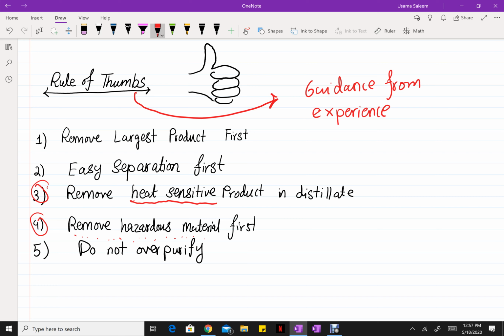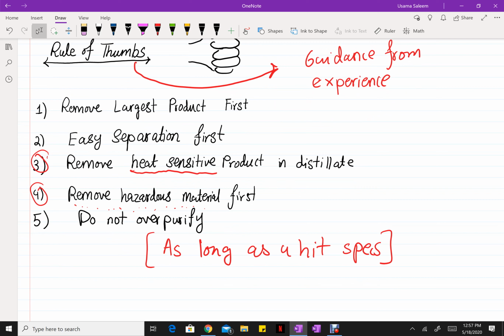Lastly, you don't want to over purify any of the products, because over purification means more cost. As long as your products hit the specs, and those specs are whatever is specified by the client, you don't need to perform any more work, because the rate of return on that extra work is going to be zero.